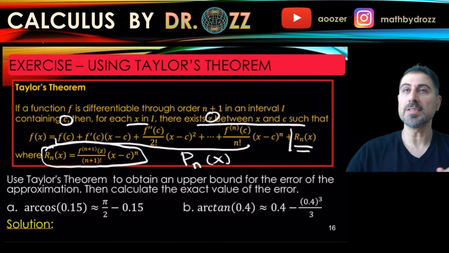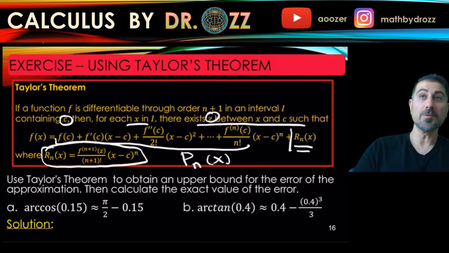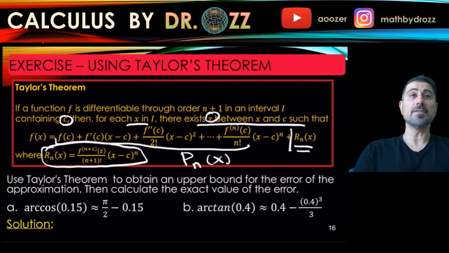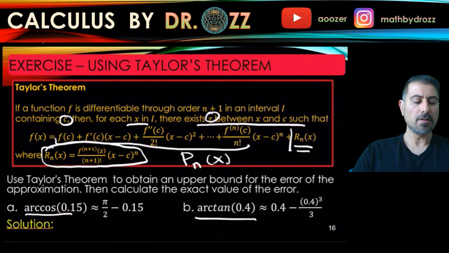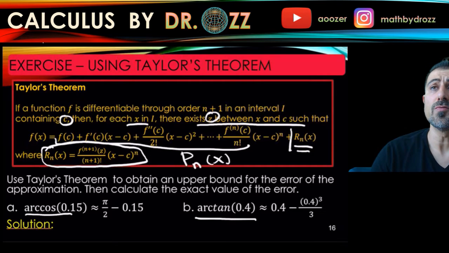We don't know exactly what z is, but since Rn is the term that hides the error in the approximation, we're going to try to find an upper bound for Rn of x. But before doing that, let's look at these approximated values of arc cosine 0.15 and arctan 0.4.